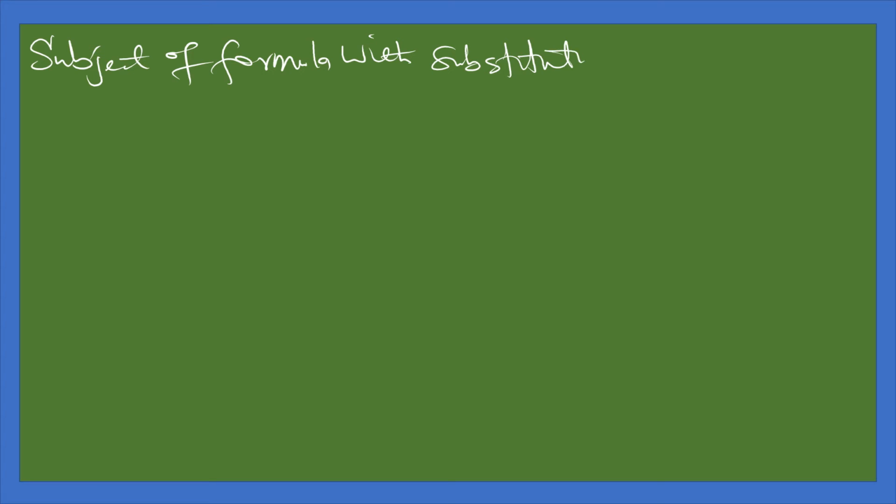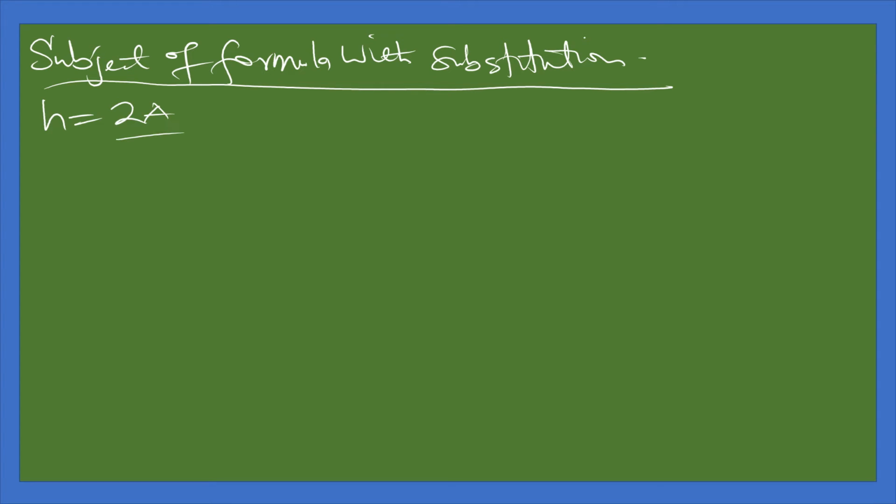Now we also have what we call subject of formula with substitution. What this means is that from the first example we solved, we said H is equal to 2A over B, if you can recall.